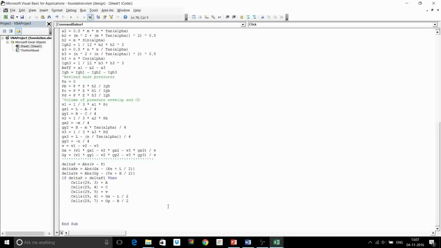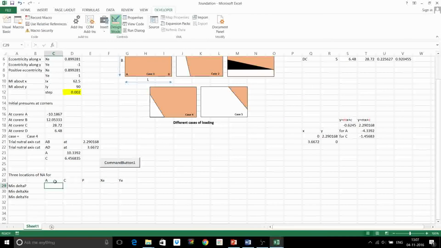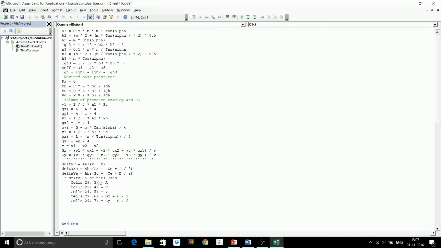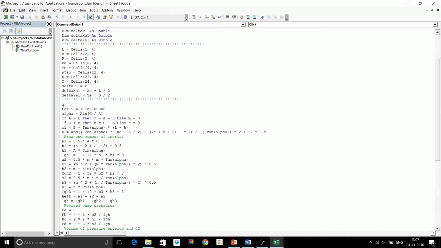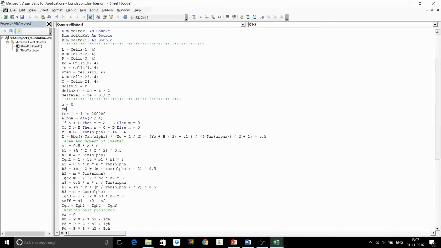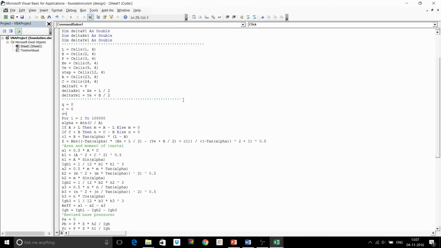Okay, ACV, and one counter I want to put here. Initially I will define that counter as Q is equal to 0, R is equal to 0, S is equal to 0.